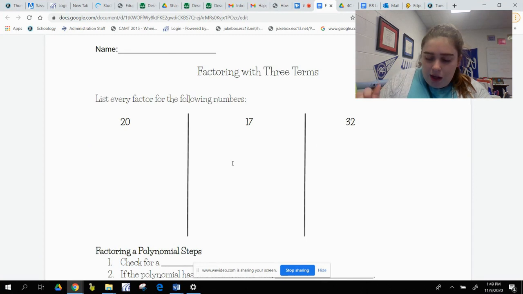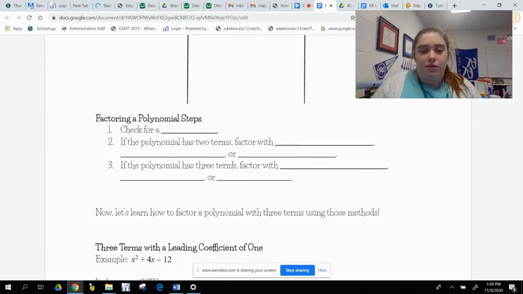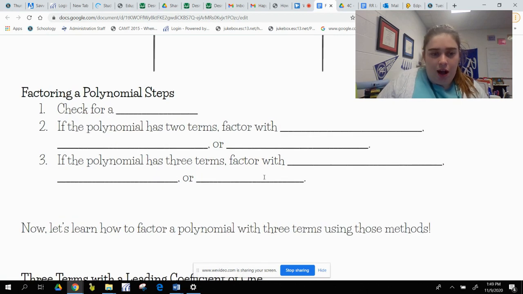All right, let's go ahead and move on in our worksheet. Next, you see we have this little fill in the blank section. We're starting our checklist for the steps of factoring a polynomial. I told y'all that we're going to go over a bunch of different methods, and which method you use depends on how many terms the polynomial has.